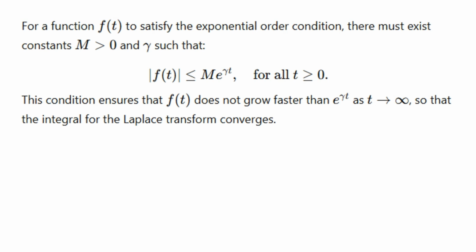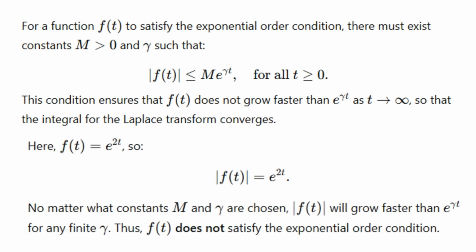So as t becomes a big value, what is happening to f of t with respect to exponential gamma of t? Because that is the only condition that can let us know if the integral of the Laplace transform will converge. That's the point. Because once we are very sure that the function f of t is growing slower than exponential gamma of t, definitely there will be a Laplace transform.